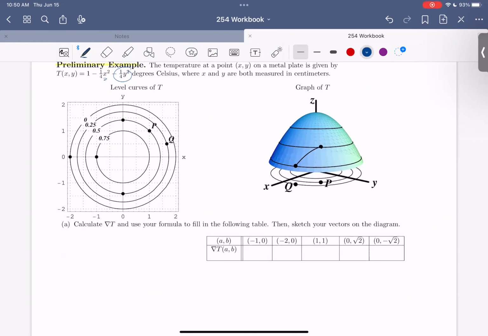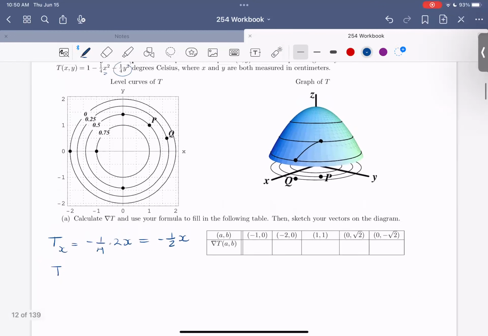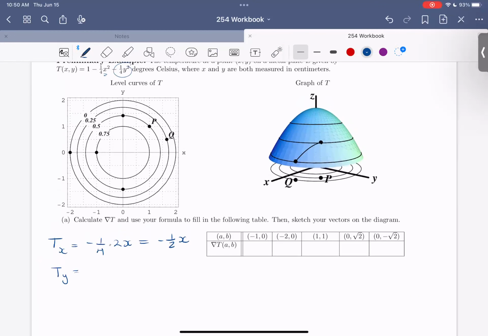So our partial with respect to x is just going to be negative 1/4 times 2 times x, just using the power rule, which becomes negative 1/2 x. The derivative of T with respect to y is similar, and in the end, we just get negative 1/2 y.